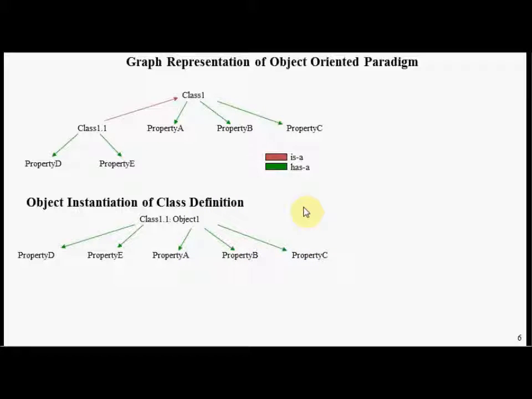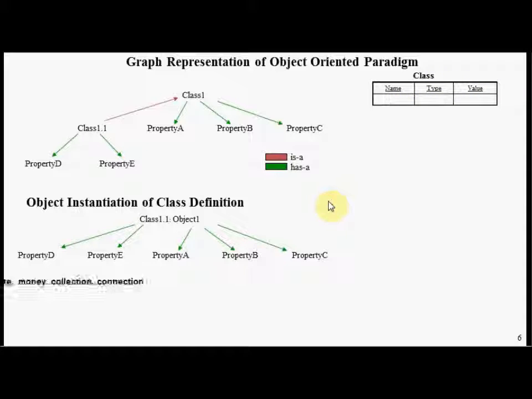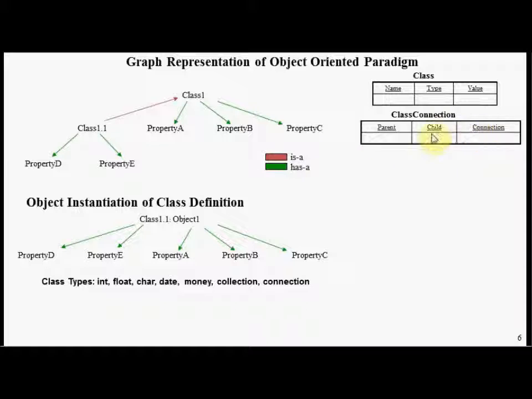Okay, now let's look at the relational tables needed to support this paradigm. So we have the notion of a class table, which represents the nodes of our class graph. It's basically a name-value pair, and we have a type column and legal type values. This represents basic class types. We have a class connection table of parent-child nodes and a connection type.